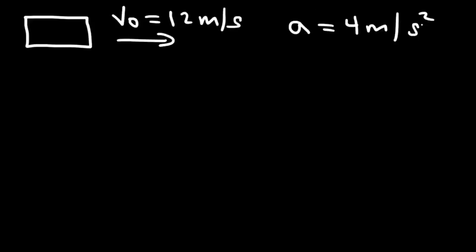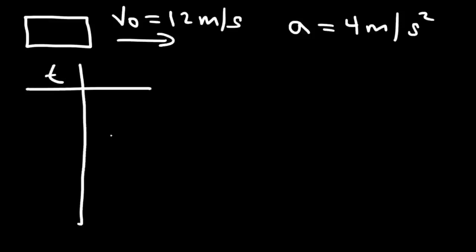So what does that mean? If we make a table and plot time and velocity, at t equals 0, this becomes the initial velocity, so it's 12. What will the velocity be 1 second later?